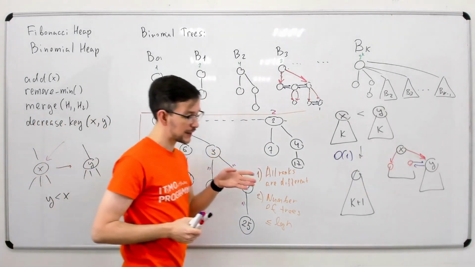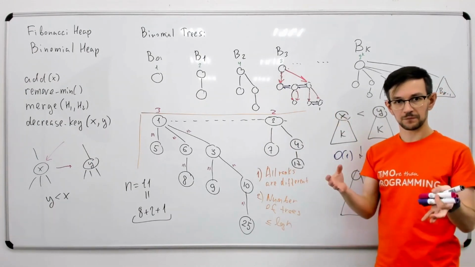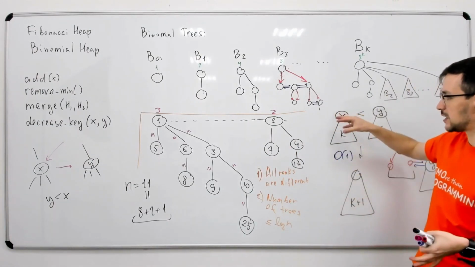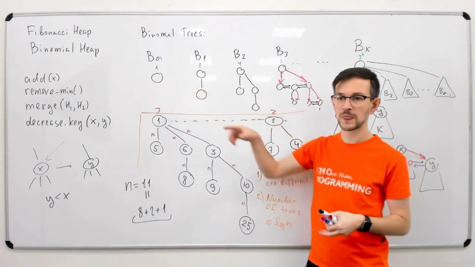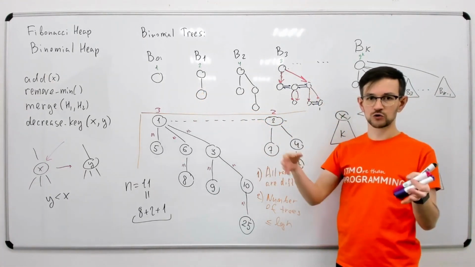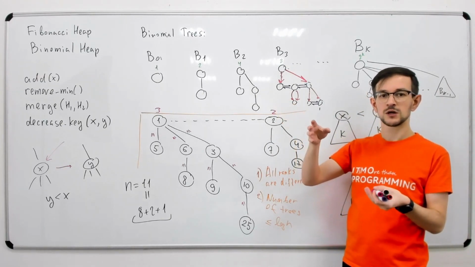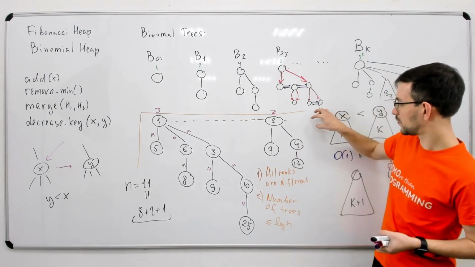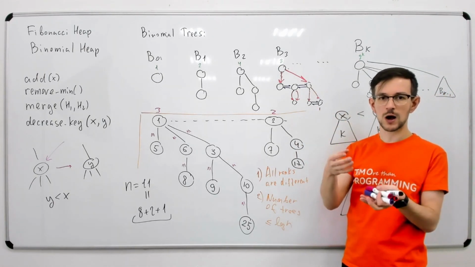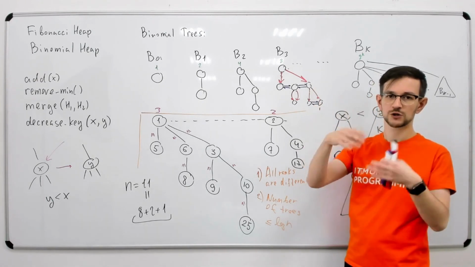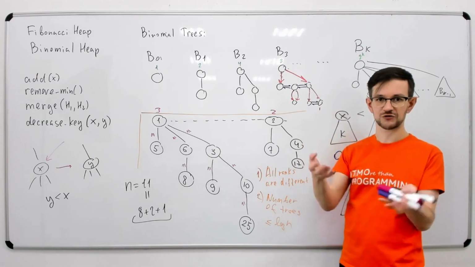Now let's look at how we add an element. When we add one element to the binomial heap, we add the element as a tree of rank 0. Then each time we combine two trees and get a tree of the bigger rank. So first we add one tree of rank 0, then we combine and get a tree of rank 1, then we combine, get a tree of rank 2, and so on. Each time we combine two trees, we increase the rank of the current tree.